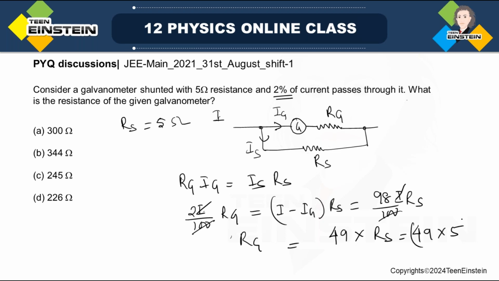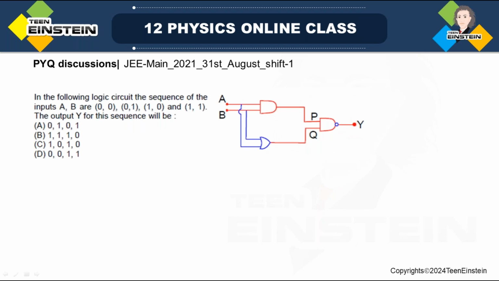Rs is 5 ohm. So this will be 245 ohm. Okay, this was really a good question, but not very tough also. So option C will be the correct answer for this question.